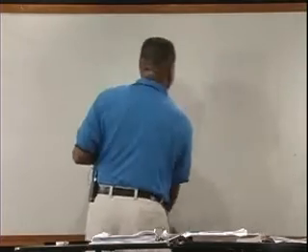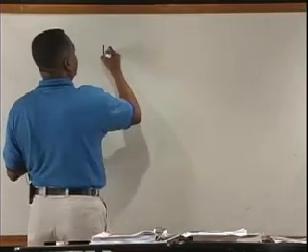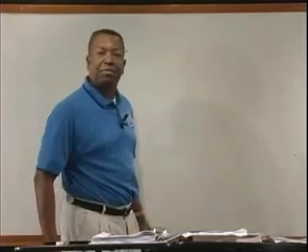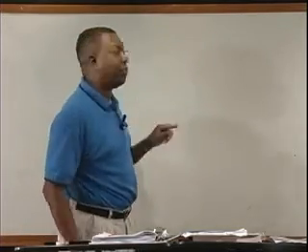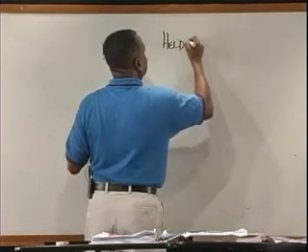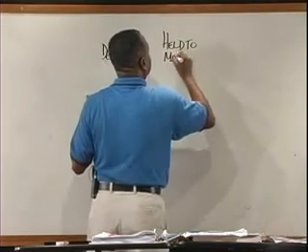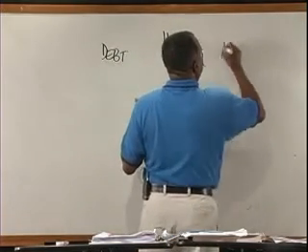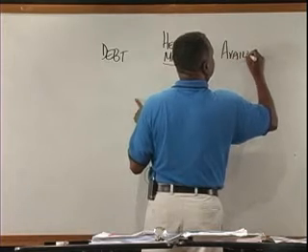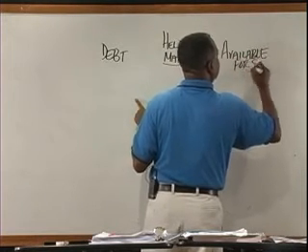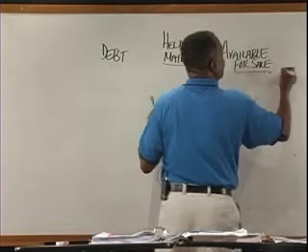Now, here is debt securities. Debt is going to be classified into one of three categories: held to maturity, available for sale, trading.